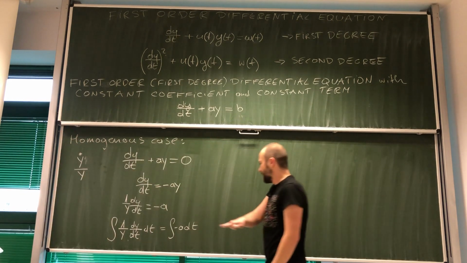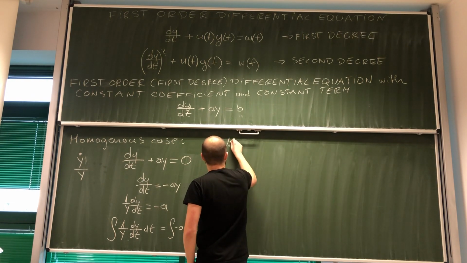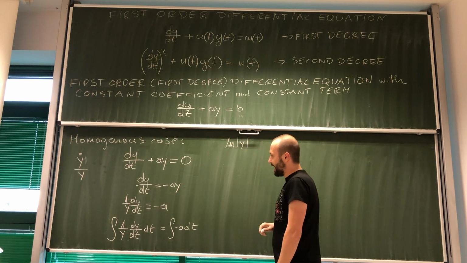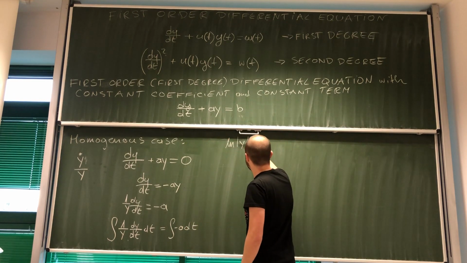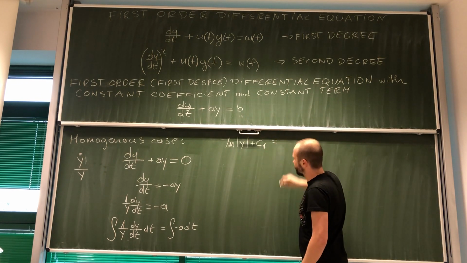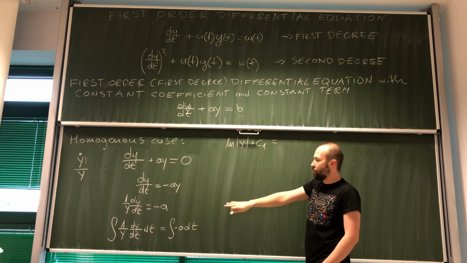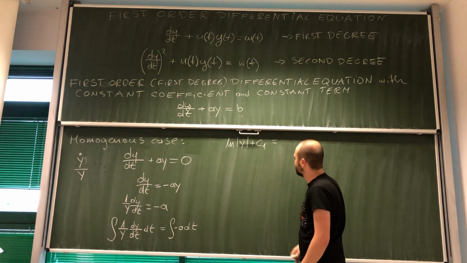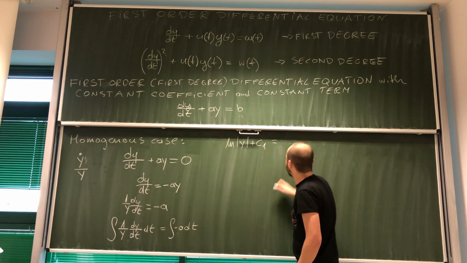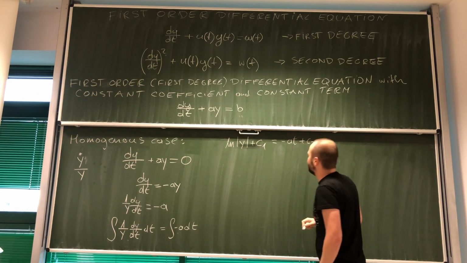And this is what we are getting over here: this is equal to ln of the absolute value of y plus c1, because we do not know whether y is positive or not. And over here, we will get simply the integral of this, which is negative a times t plus some c2.